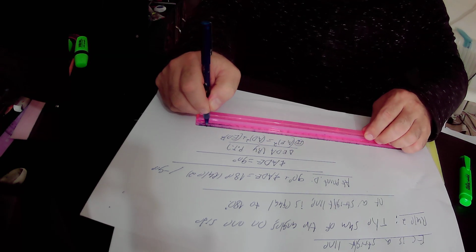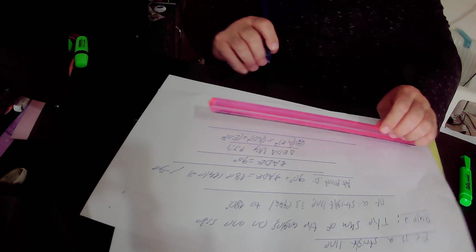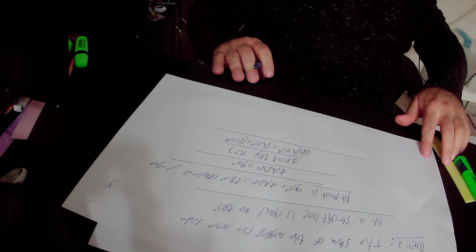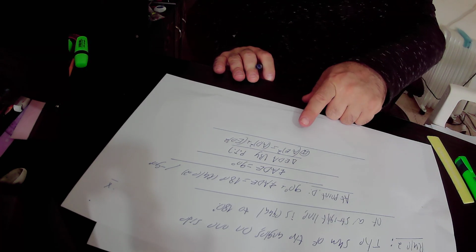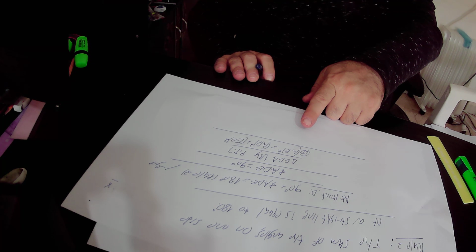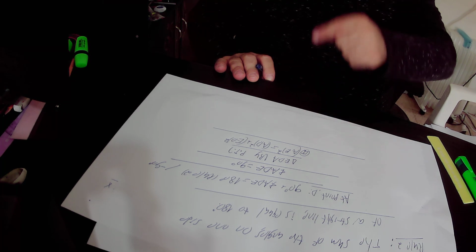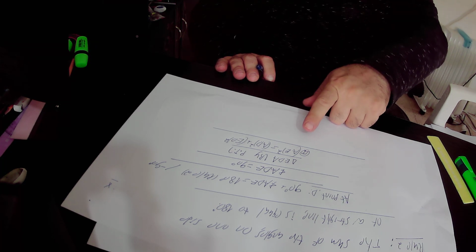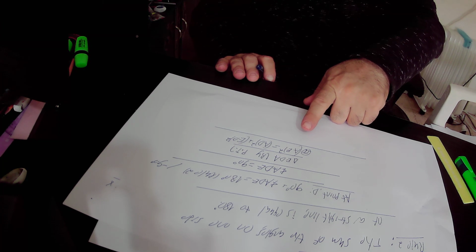So I'll repeat again. According to the Pythagoras theorem, in the right triangle EDA, the square of the hypotenuse equals the sum of the squares of the perpendiculars, that is to say AE squared equals AD squared plus ED squared.